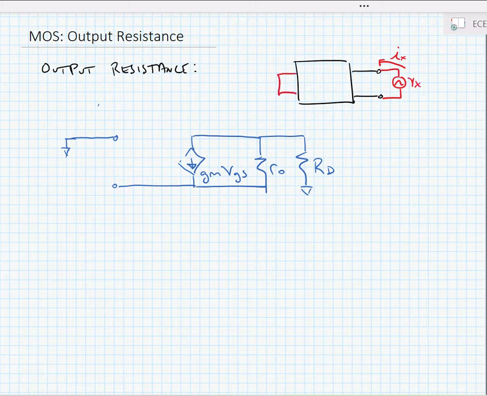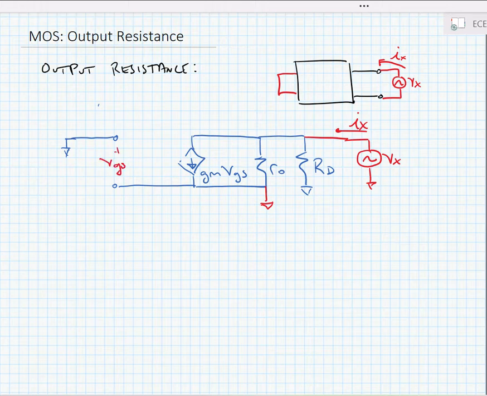Our input port in this case was the source, so we're going to ground the source, and we're going to put our test voltage source into the output, which was the drain. And we would measure Ix flowing through it. Now you'll note that both the gate and the source are grounded. So our gate to source potential is 0, which means that the dependent current source goes to 0.